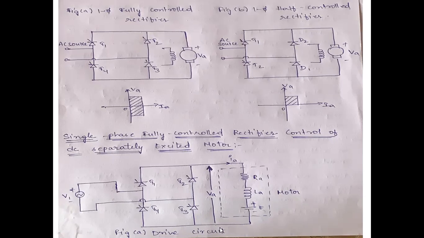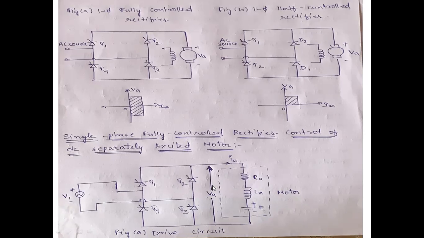This is the motor representation with resistance, inductance and the EMF generated by the motor. We get the supply current IA from the supply to the motor, and this is the armature voltage VA. This is the explanation of the drive circuit.